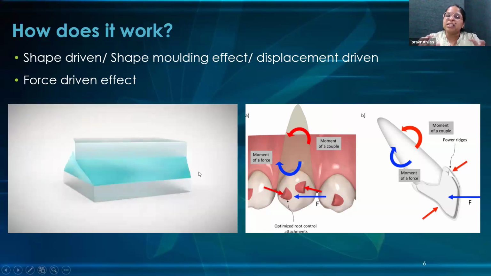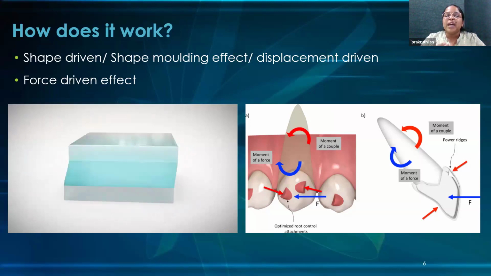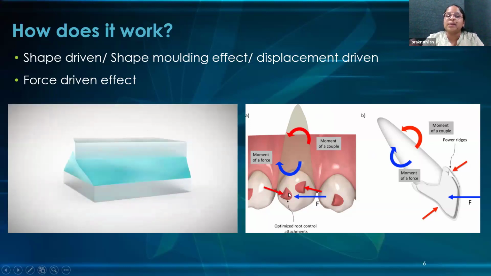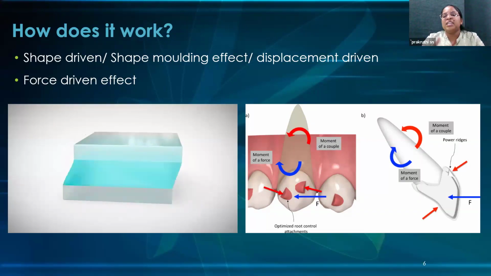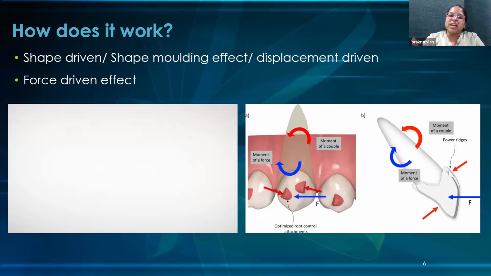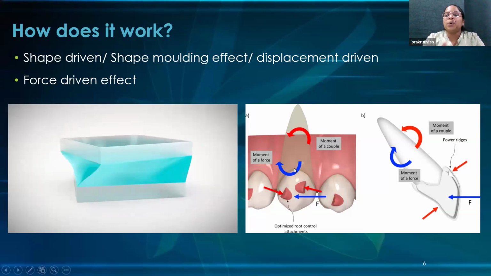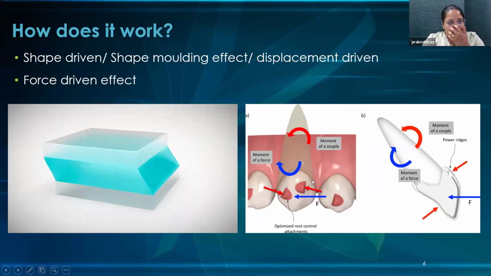99% of the work is being done by the plastic, which is getting deformed. And around 5 to 10% of the work is done by something called attachments, which we also place in order to direct the forces. These are additional surface areas onto which specific directed forces are executed, and the required tooth movement can be achieved by applying forces onto these attachments.